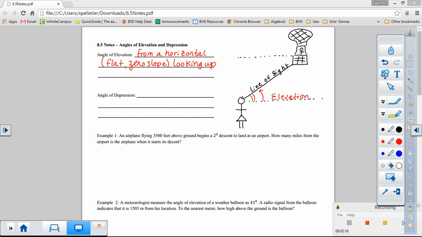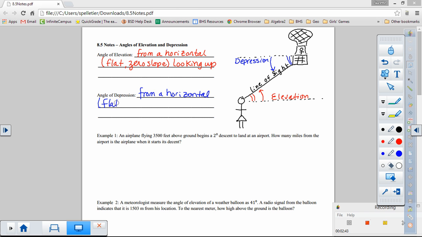The other angle that is formed is this one, and that is an angle of what we call depression because it's going down. Okay, that's the angle formed from going down. So angle of depression, again, from a horizontal.